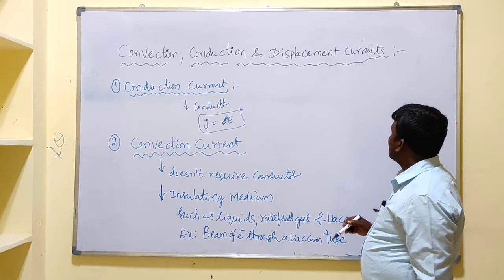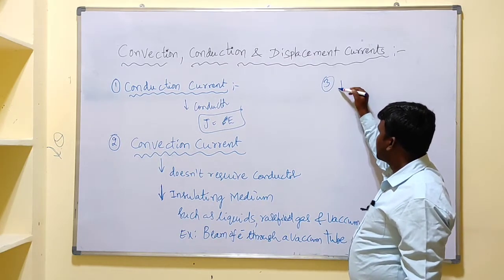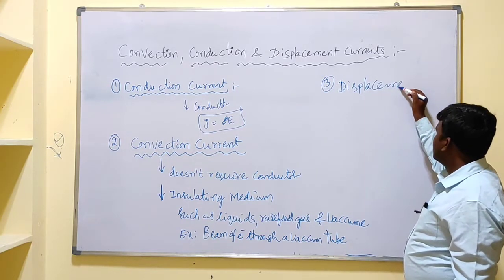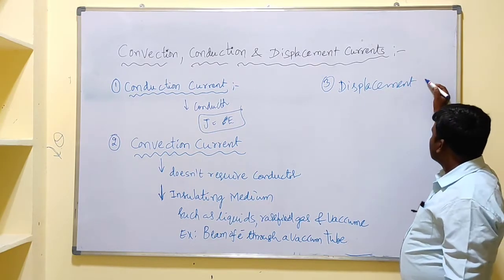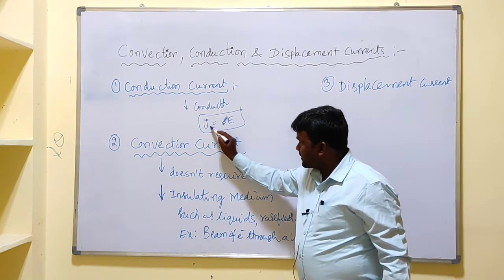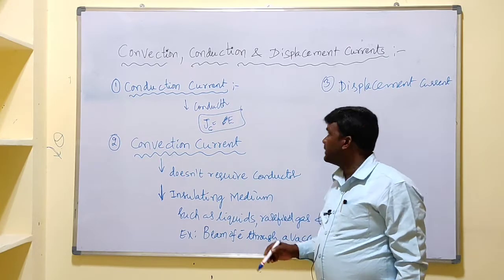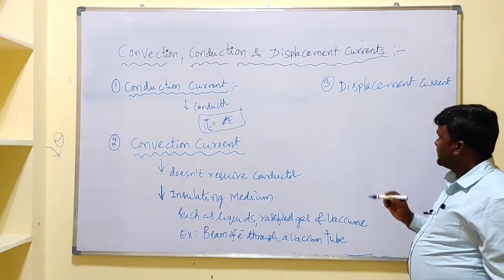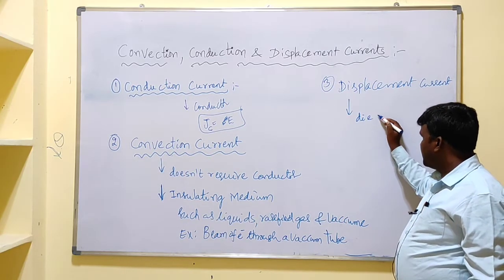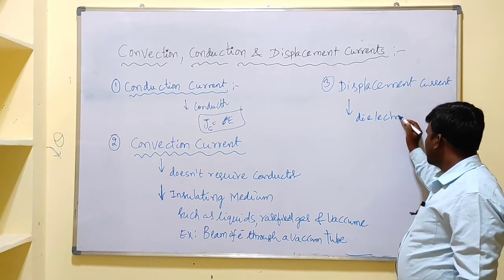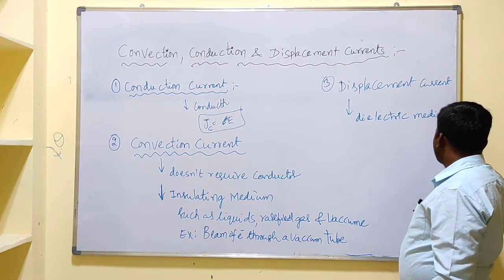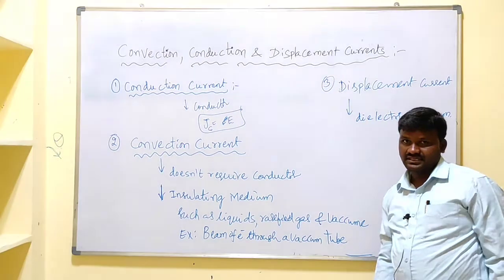Third one is displacement current. The conduction current density is Jc equal to sigma into E, and displacement current is the current through the dielectric medium, or else current through free space.